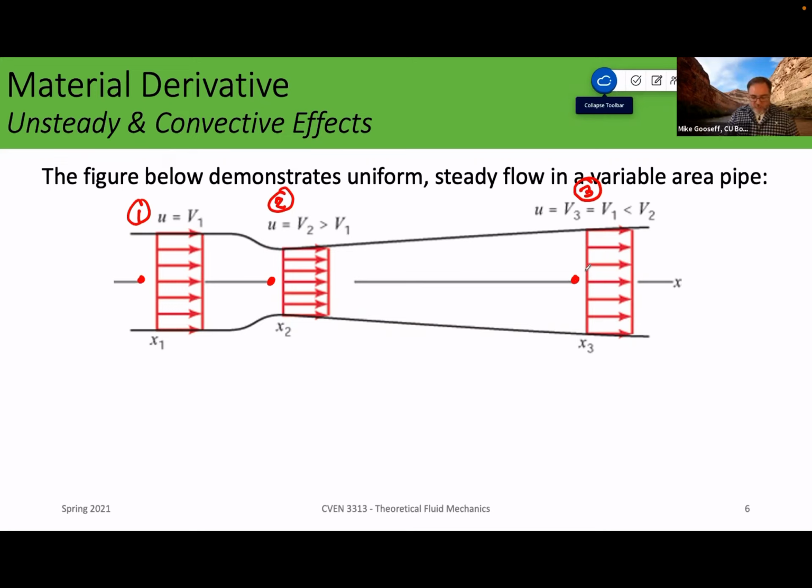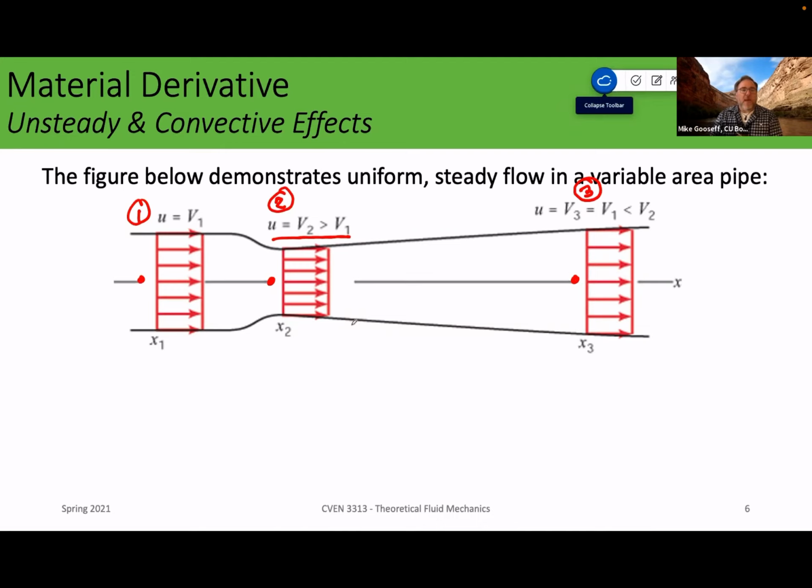But we see that the velocities should change, right? If we look at the x component of velocity, a one-dimensional velocity component going from point 1 to point 2, because the diameter of the pipe decreases, we expect V2 to be greater than V1. So here we indicate that the velocity at 2 is greater than the velocity at 1.